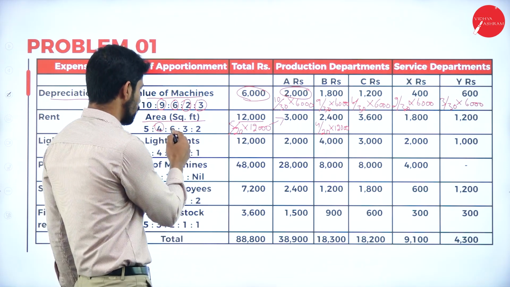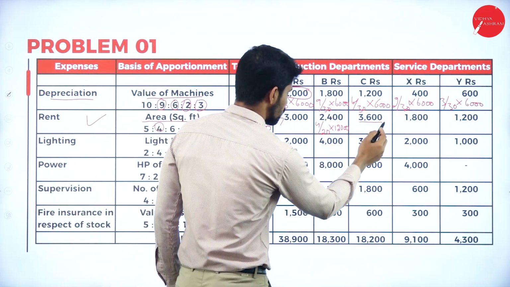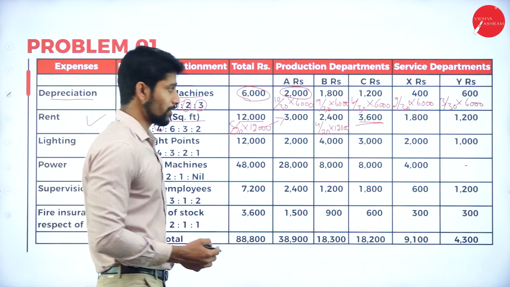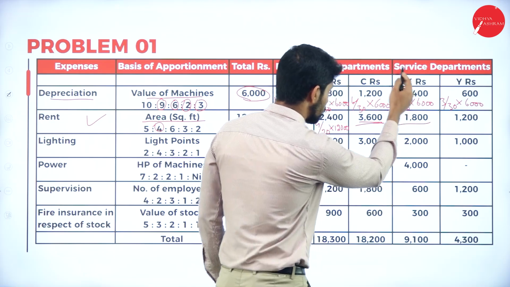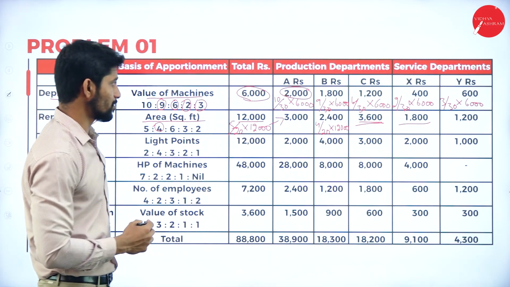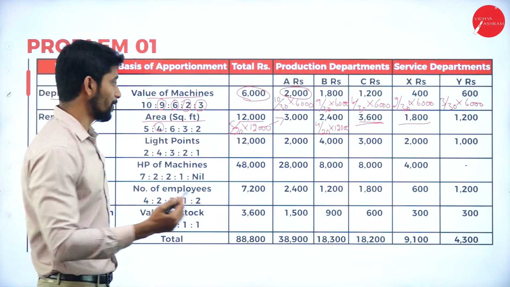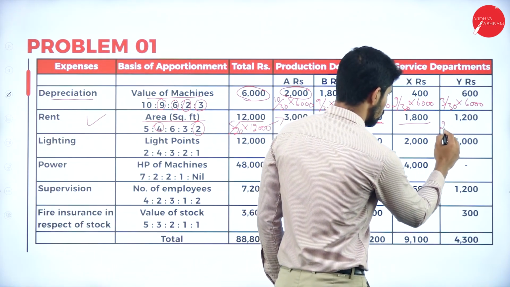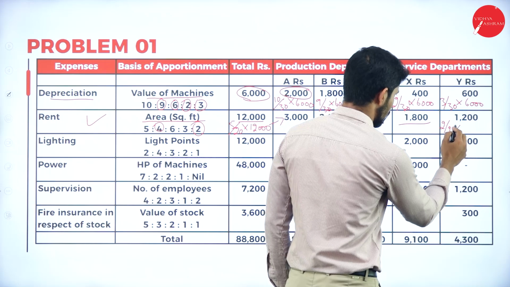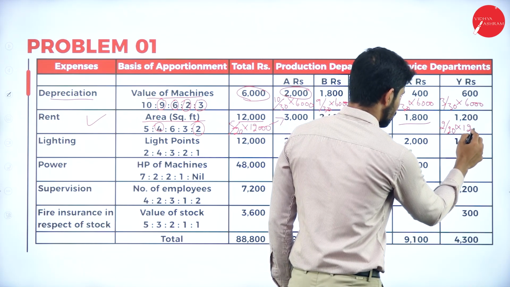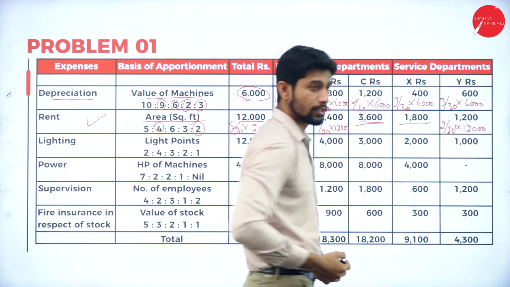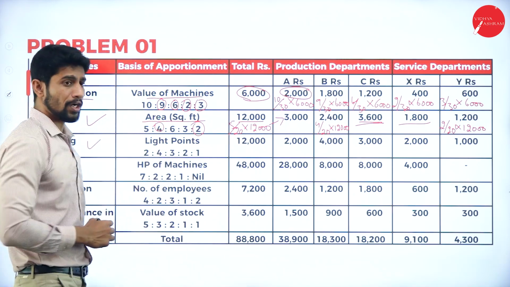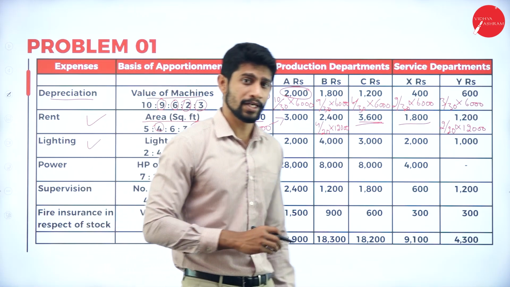If you compute the same for 6, you'll get 3,600 for production department C, and 3 for service department X, and for service department Y it is 2. So 2 divided by 20 into 12,000. Finished.